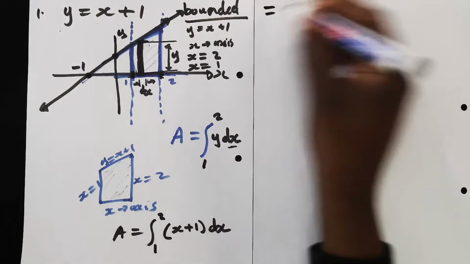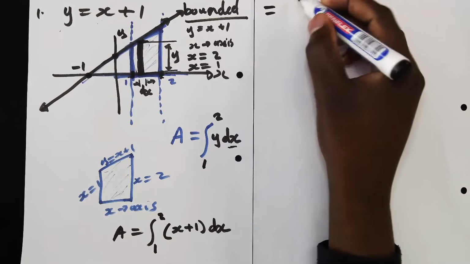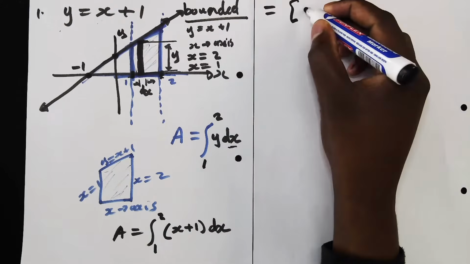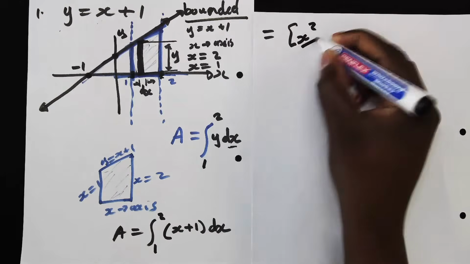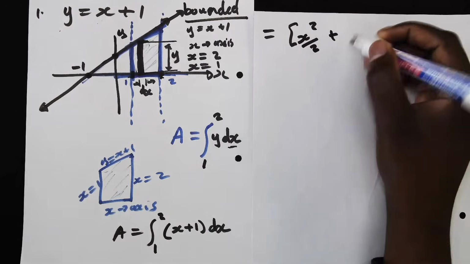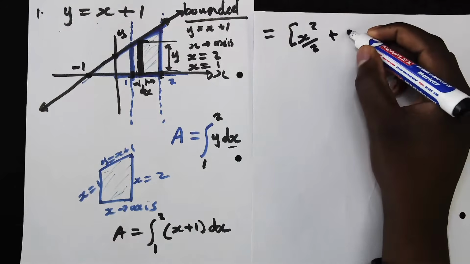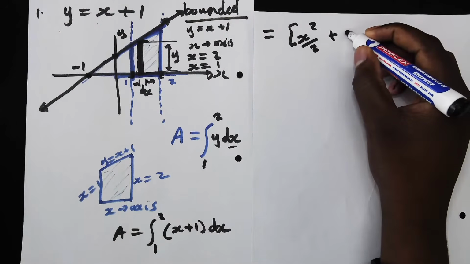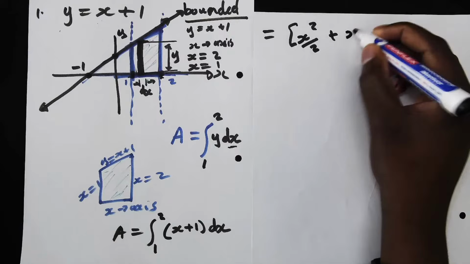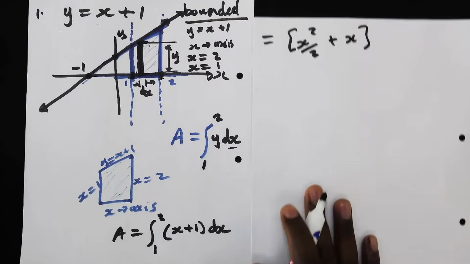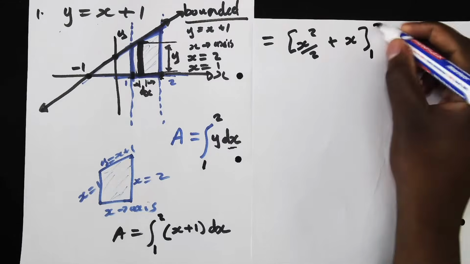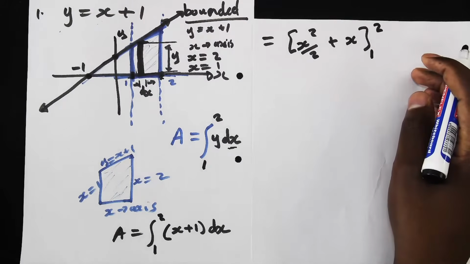To determine the area, we integrate a linear function. We'll have x squared divided by 2 plus the integral of 1, which will be x. The lower limit is 1, the upper limit is 2.